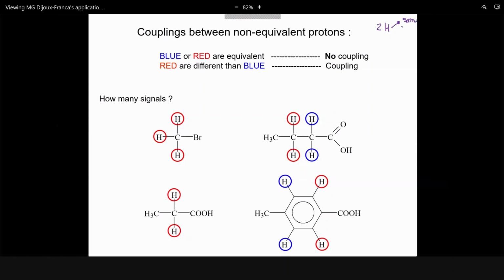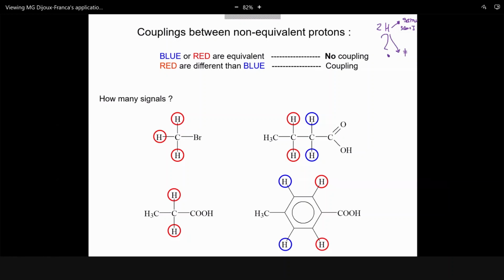Same coupling constant, or are they different? This is the big question. So when you have the structure, it's easier, of course.